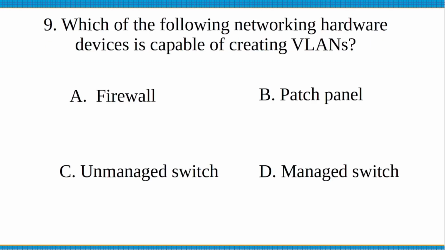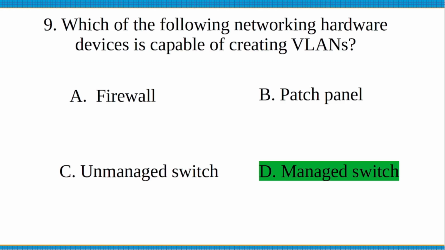Number 9. Which of the following networking hardware devices is capable of creating VLANs? A. Firewall, B. Patch panel, C. Unmanaged switch, D. Managed switch. So the answer is D, managed switch.